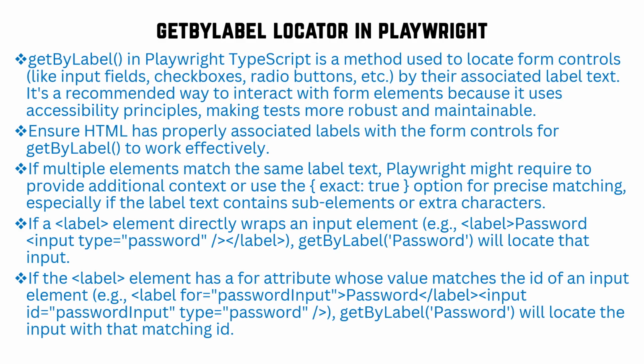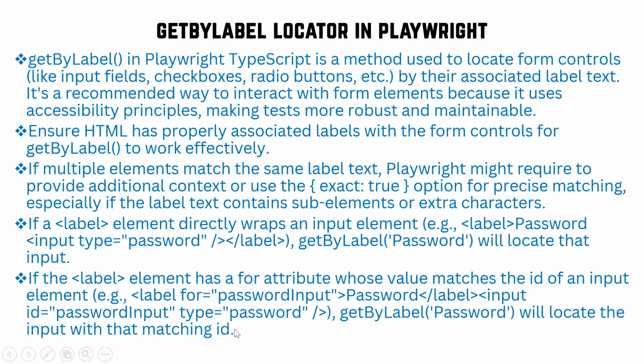If the label element directly wraps an input element, like label password, it will help to locate the element uniquely. If the label element has a for attribute whose value matches the id of an input element, like here you could see label for password, input id equal to password, and ending with label, this is the way we locate input with the matching id.